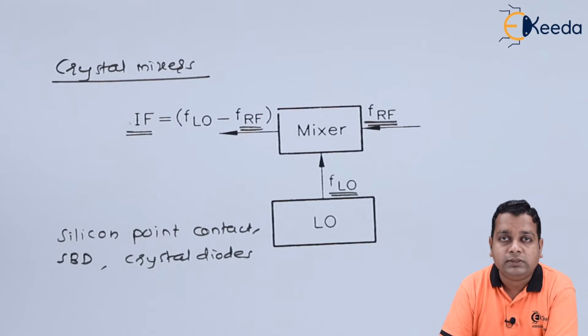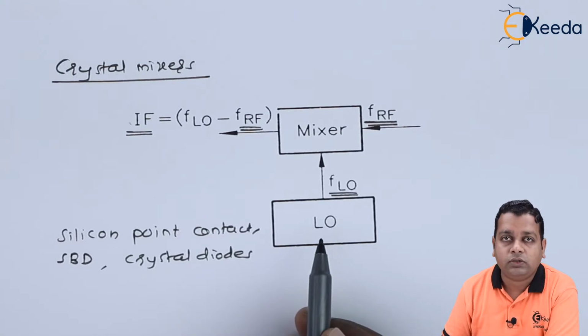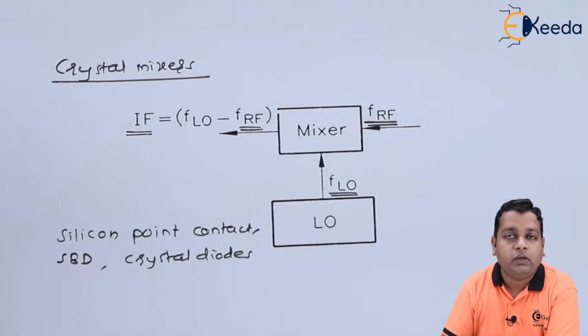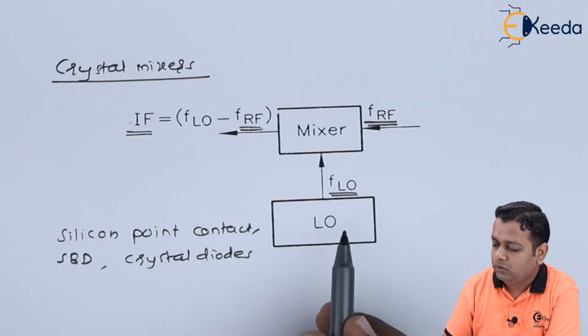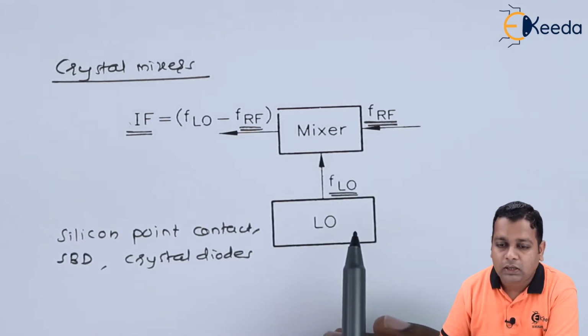While designing the receiver section of the radar, care should be taken that the local oscillator does not add any kind of noise to the signal. Though the local oscillator frequency is a known one, it should be completely noise free.